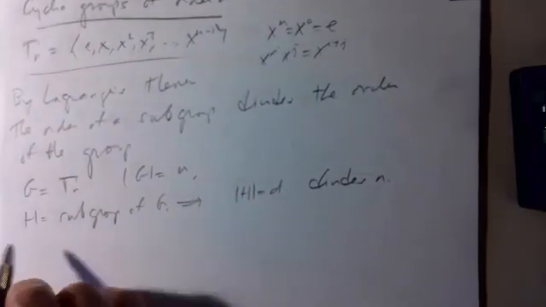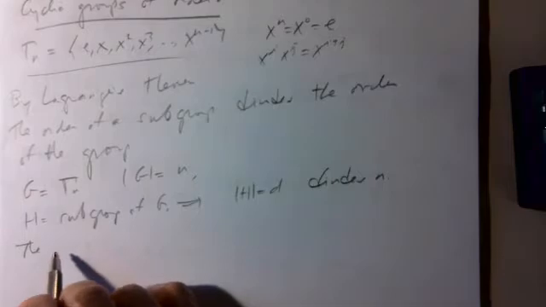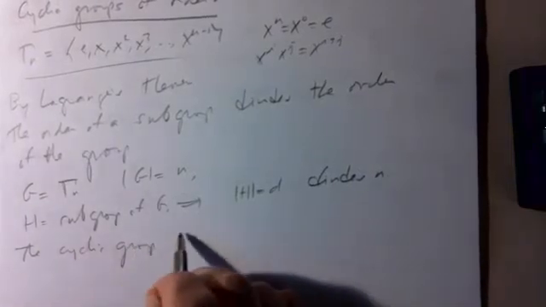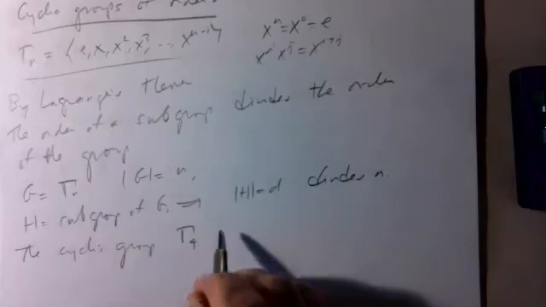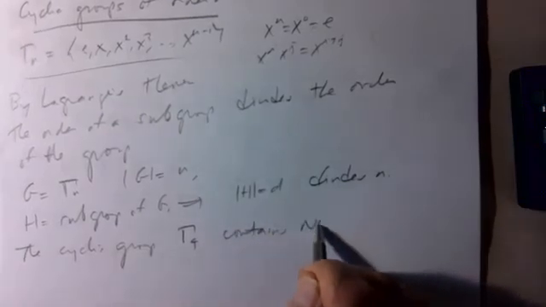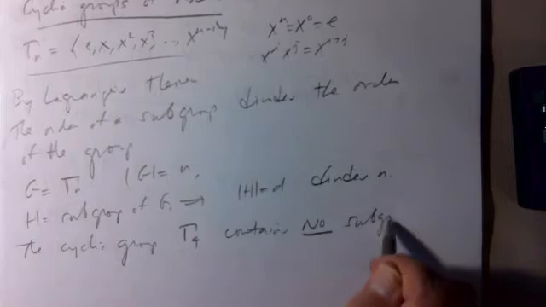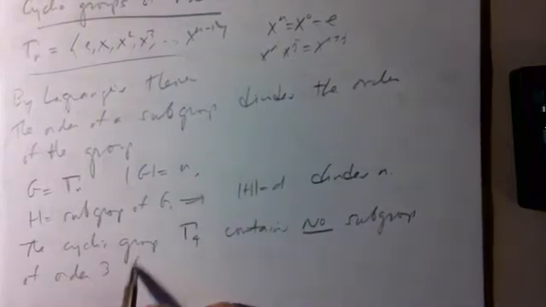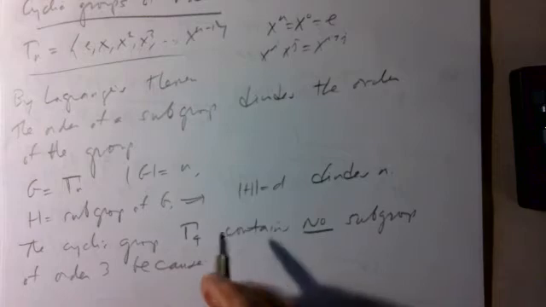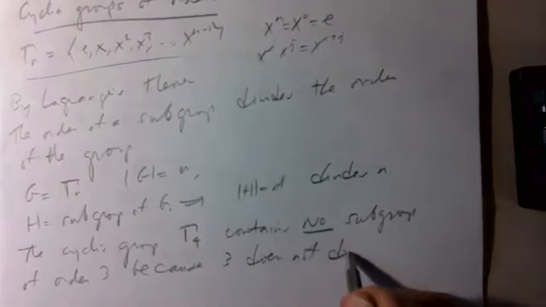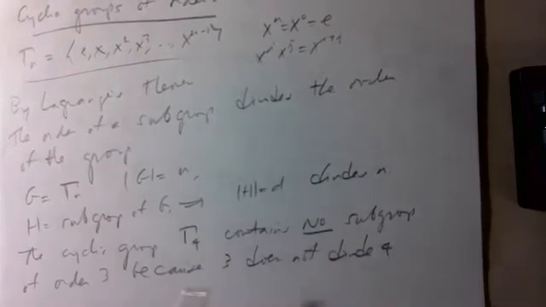So, for example, the cyclic group gamma 4 contains no subgroup of order 3 because 3 does not divide 4.